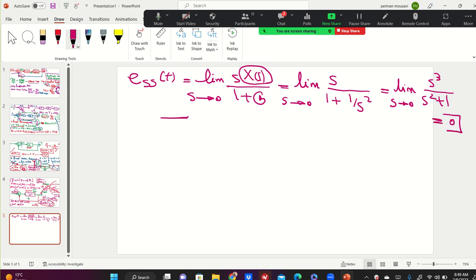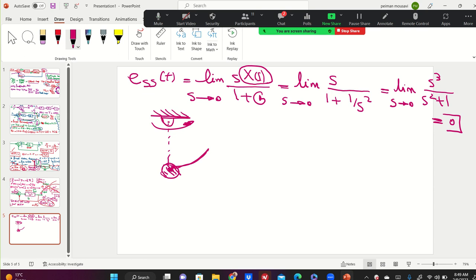It means that physically, if this is our pendulum and I apply an impulse here, just a huge impact, it's going to rotate and finally come back here. See what I'm saying? The error signal is 0.